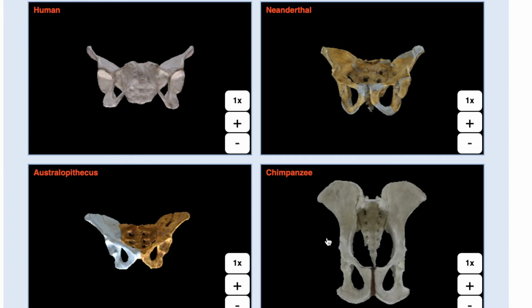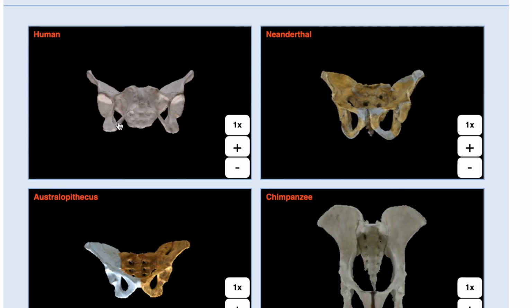Whereas an individual that is walking on all fours doesn't need to hold up their body weight in the same way. So once you've looked at the human and the chimpanzee, again, let's compare the Neanderthal and Australopithecus and think about whether or not these species would have been bipedal. In other words, whether or not they would have been walking on two legs.